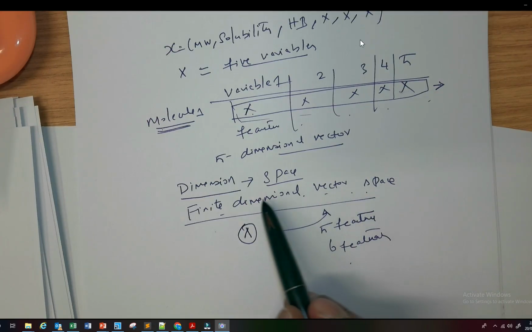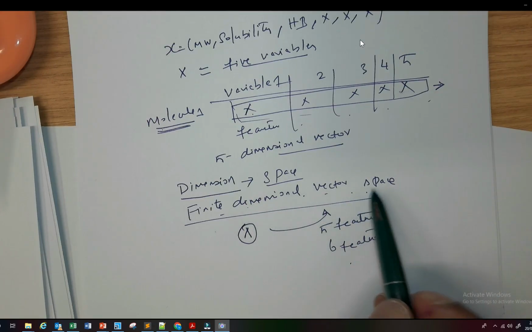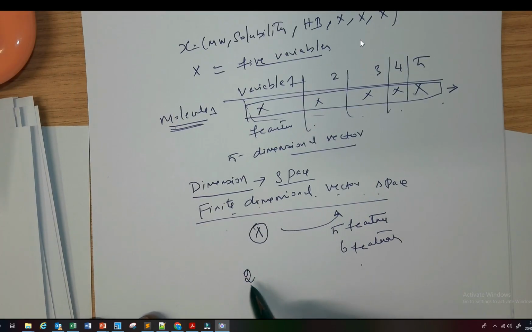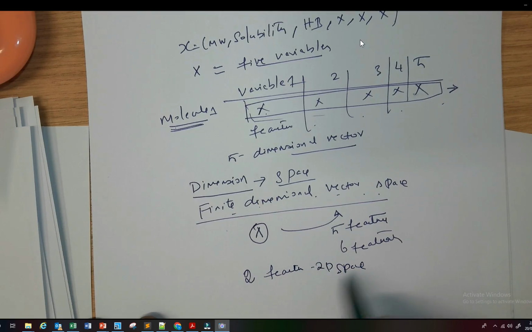If you have n features, then we have an n-dimensional vector space. Two features like height and weight, 2D space; three features, 3D space; 100 features, 100-dimensional space.